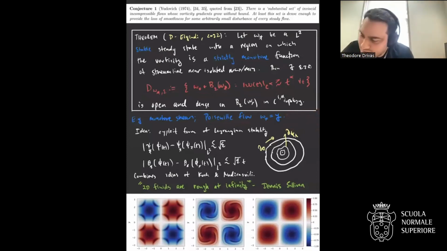But okay, you might hope again to prove Yudovich's original statement, which doesn't require any structural property. And the way this proof works, I won't explain it in detail, is just that strict monotonicity of the vorticity in the neighborhood of its extrema gives you stability of the flow map for all time. And that's crucial for showing this growth is sustained for all time.